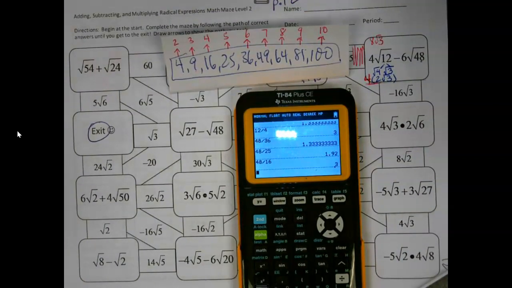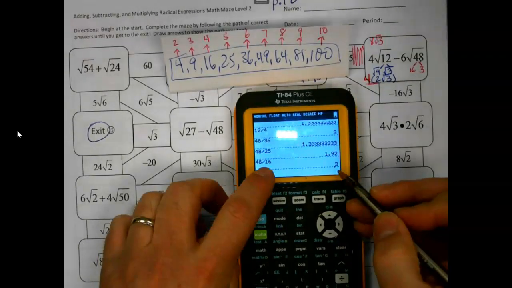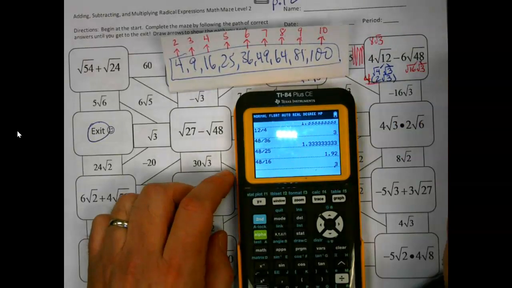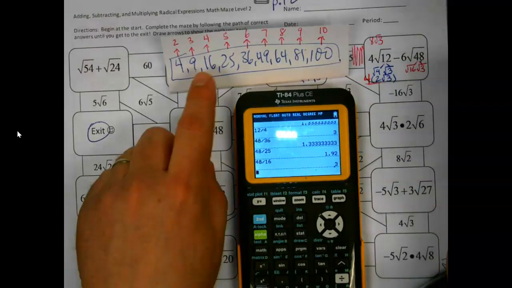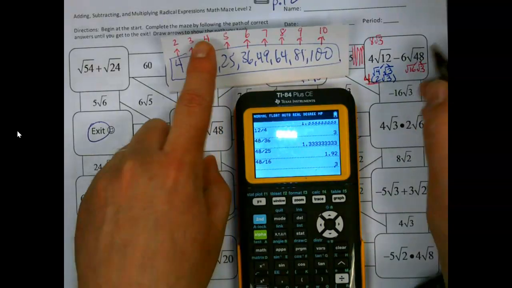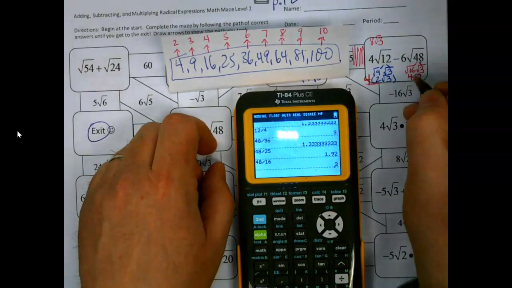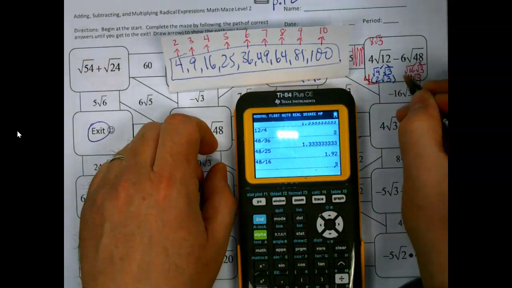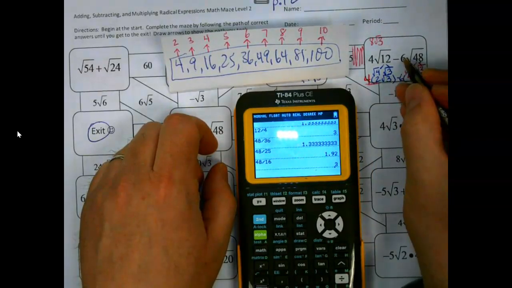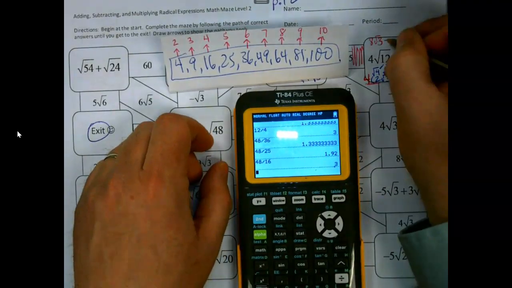That's what we're looking for. 16 and 3. 16's in the perfect square box. 4. And don't forget about that -6 that's hanging out, because we've got to multiply those numbers that aren't under the radical together still.